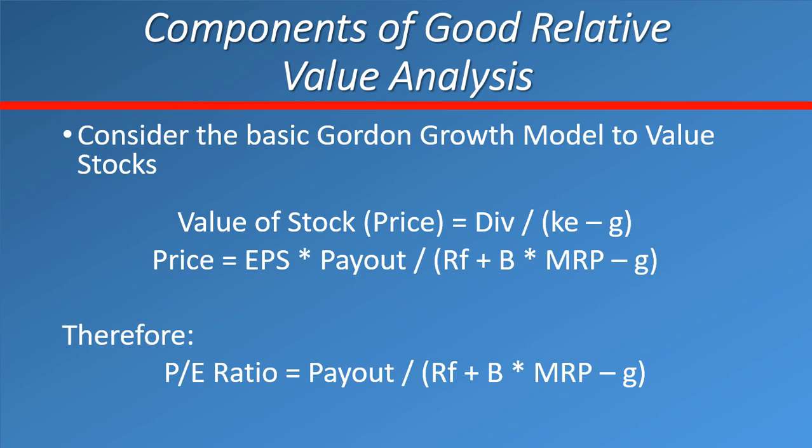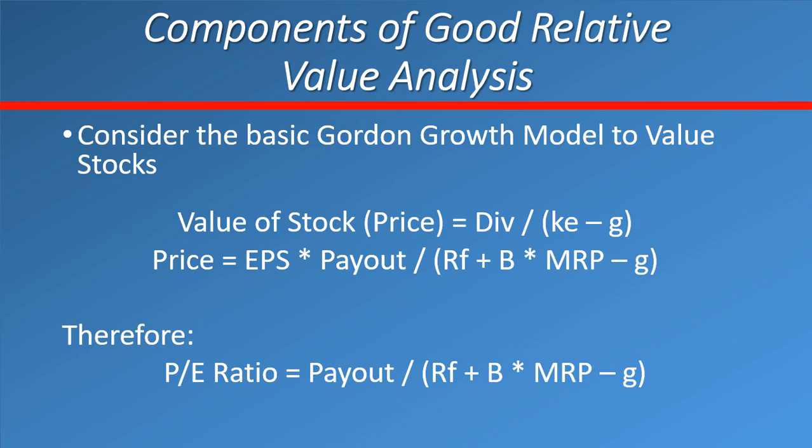So what this means is when interest rates are higher, since the risk-free rate is in the denominator of the PE ratio, when interest rates are higher, PE ratios should be lower. When the specific risk of the company is higher, as reflected by beta, PE ratios should be lower. When overall market risk is higher through the market risk premium, PE ratios should be lower.